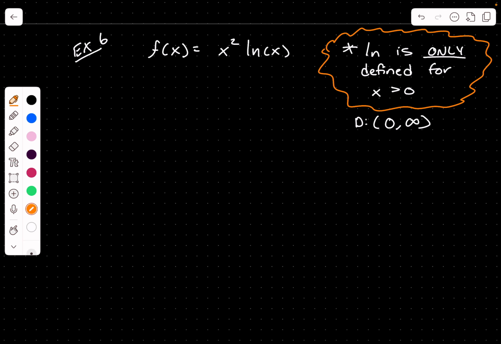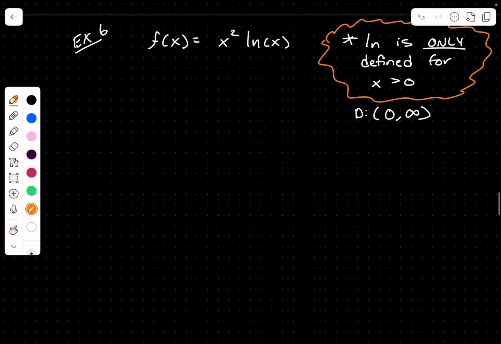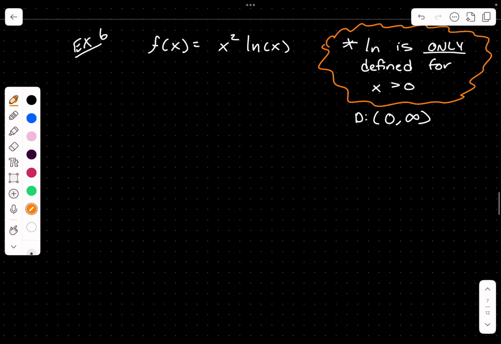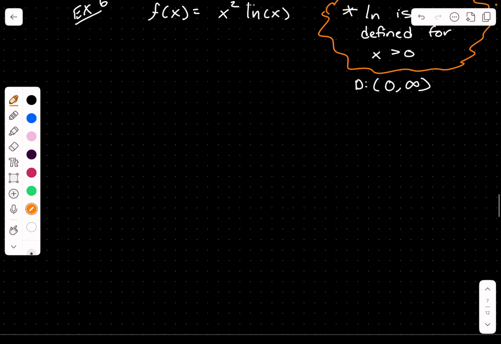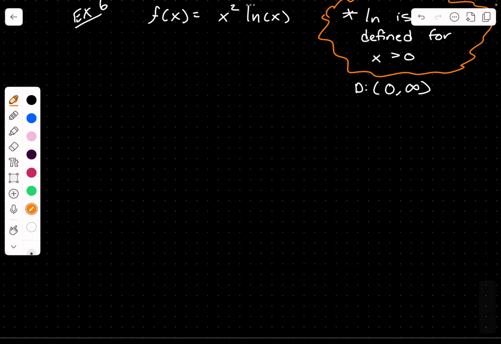So the derivative, I'm not going to write it out this time. So we get the derivative of the first times the second plus the first times the derivative of the second. And the derivative of ln x is just 1 over x.